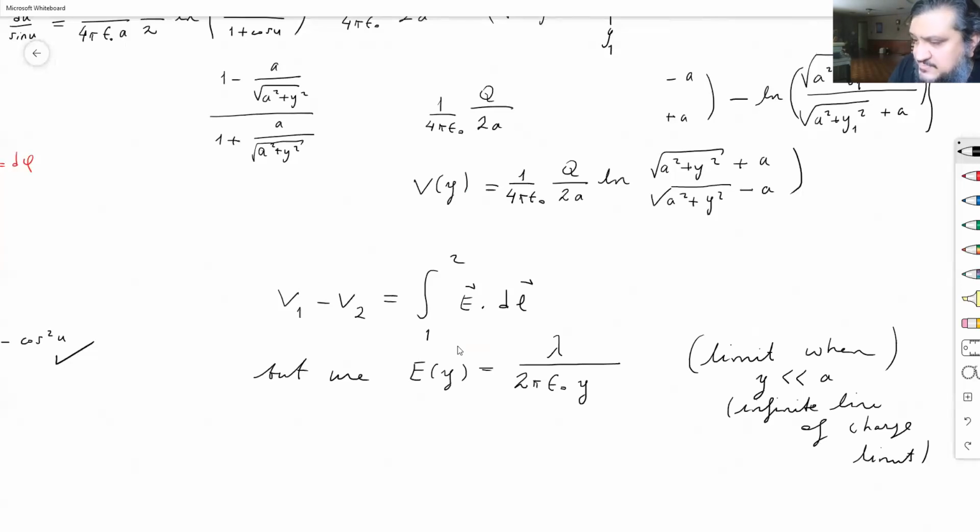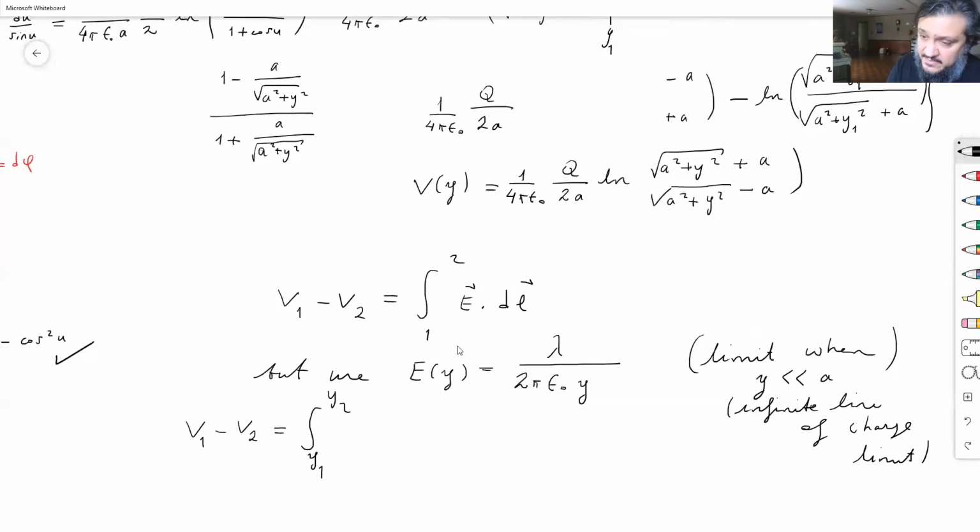So if I use this expression in the integral, it's so simple. Check it out. The integral is simple, I mean. V1 minus V2 will be equal to the integral from y1 to y2. The direction did not change, right? It's still upward.